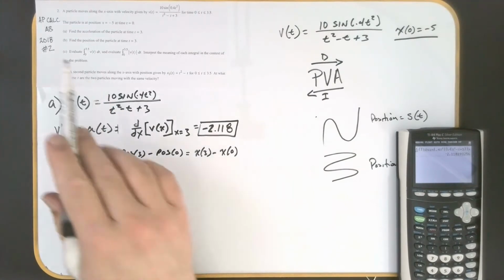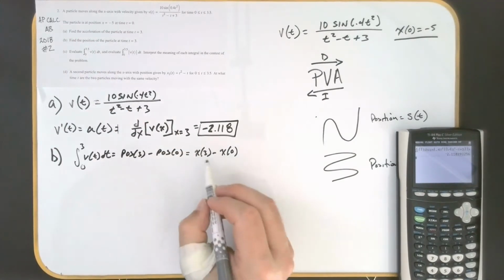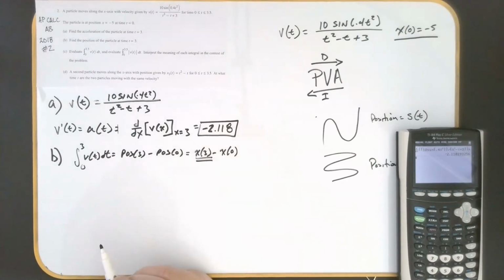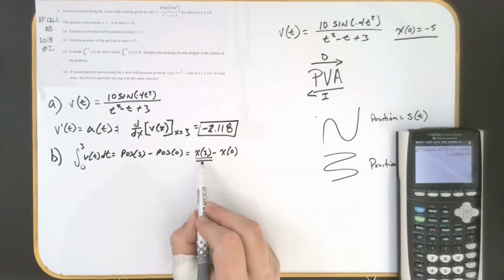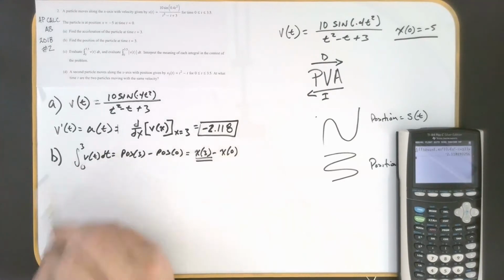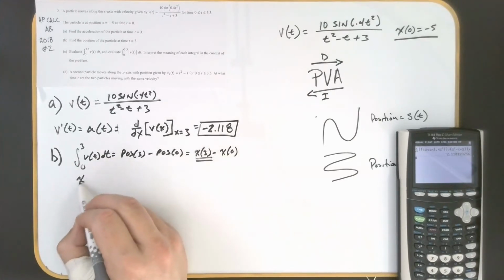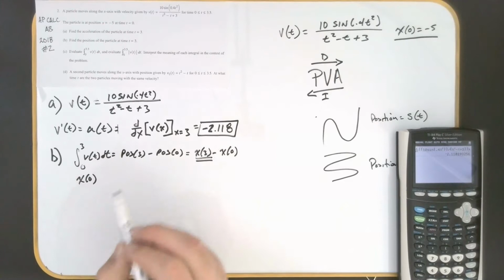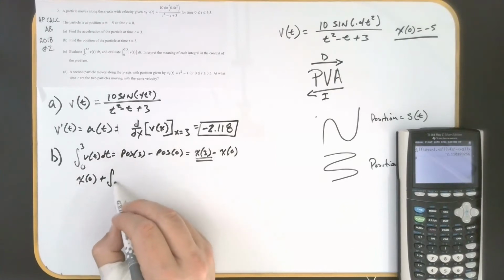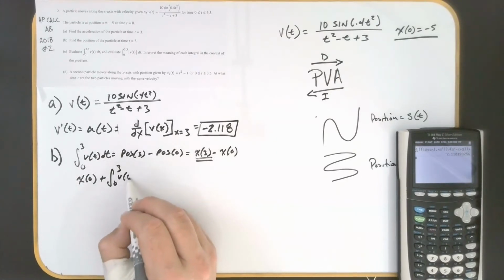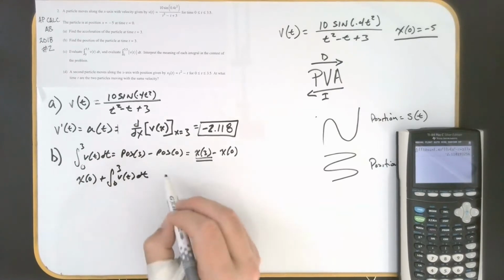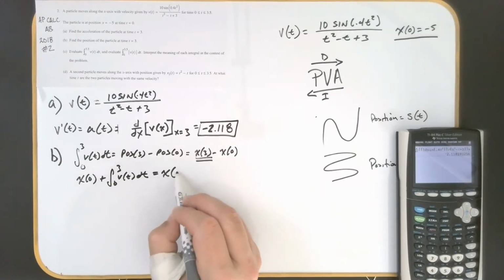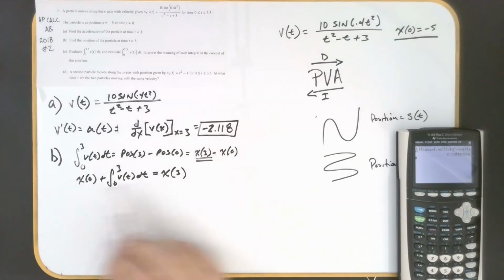And what the question wants is the position of the particle at time equals 3, so this right here is what they're asking for. If I want to solve for that, I need to add the initial position to the other side. So we're getting x at 0, which is my initial position, plus the integral of the velocity, and that's going to equal my position after 3 seconds. So that's what we're solving.